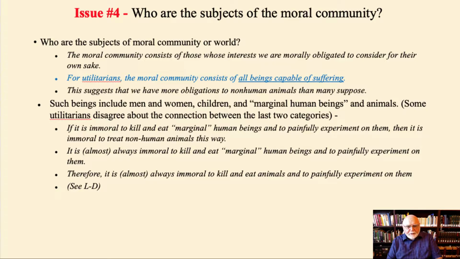Let's just state it so you can hear it. If it's immoral to kill and eat marginal human beings and to painfully experiment on them, then it's immoral to treat non-human animals this way. The contrast here is between marginal human beings and non-human animals.